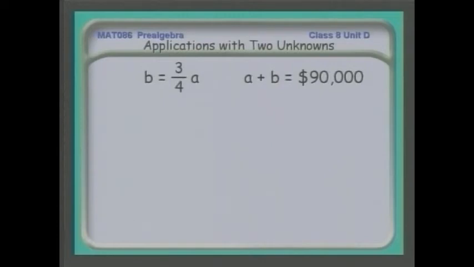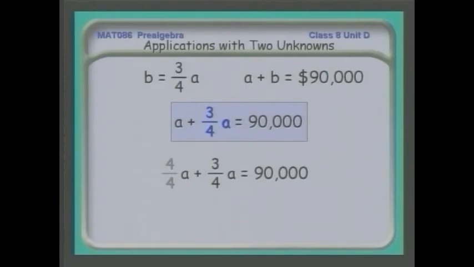We need to combine them. Here's what we do. We take the value we get for B, 3/4 A, and plug it into the sum. So we have A plus 3/4 A. Now I have an equation and one unknown, and I can solve this.